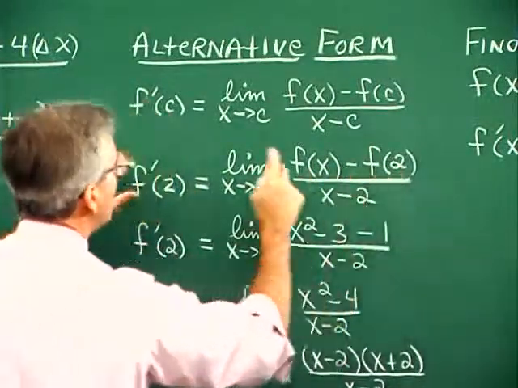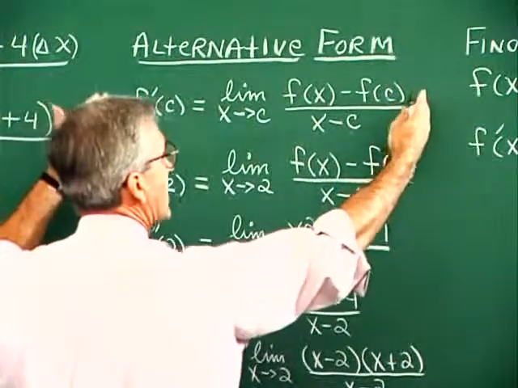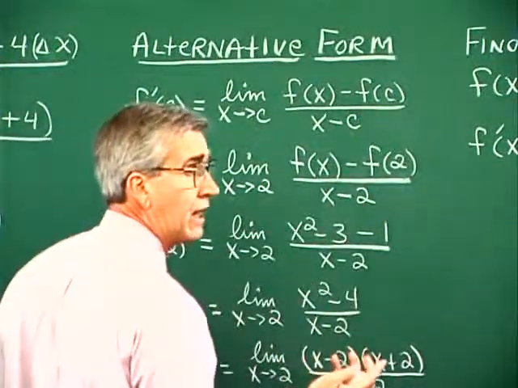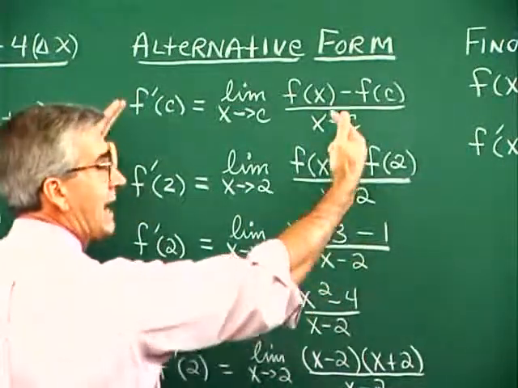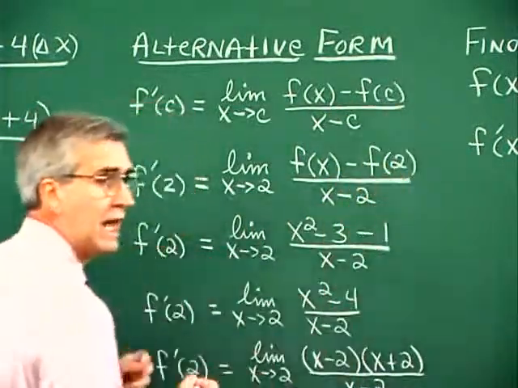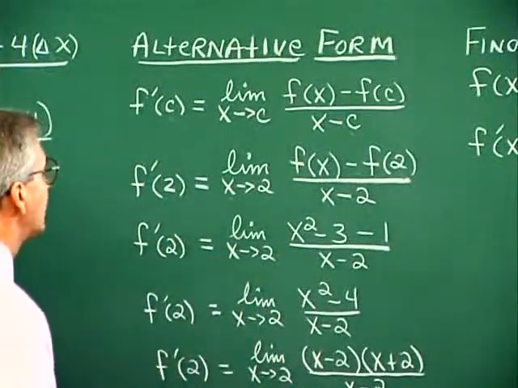And what you want to do when you use this alternative form is to write the form down just like you would any other formula, and then replace the c with a value first, and then go about the business of evaluating or simplifying.